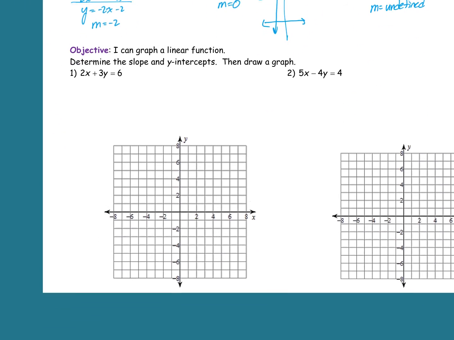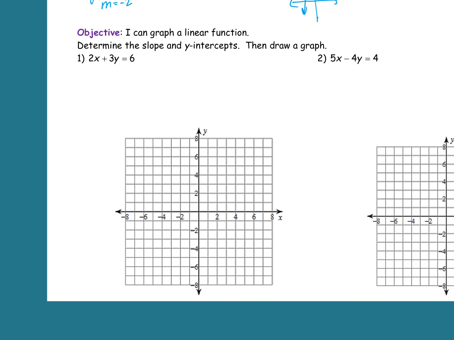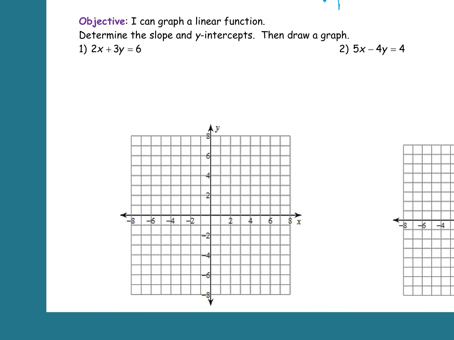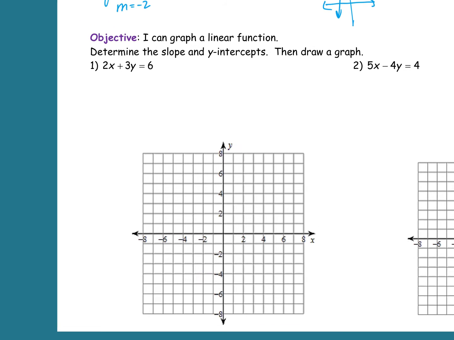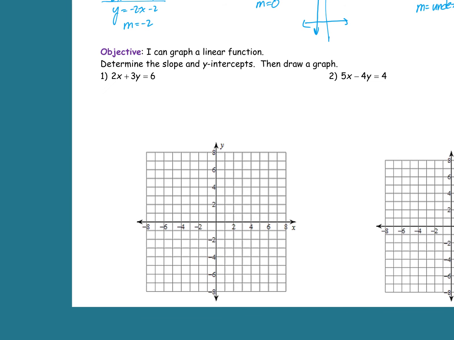Okay, here we go. So now we're going to graph. You guys should already know this. When we did the Kahoot, most of you did okay on this part. So what am I going to do first? In order to graph it, I need to put it into y equals mx plus b.